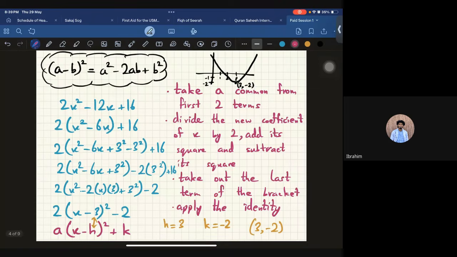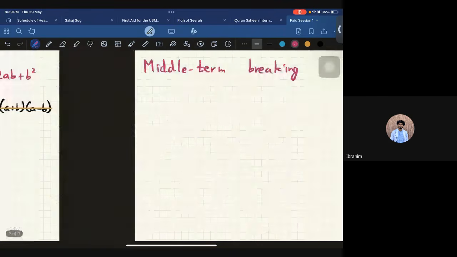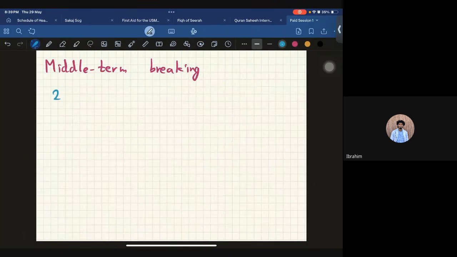So our first equation was 2x square minus 12x plus 16. Achha, now what happens in middle term breaking? In middle term breaking, we try to make two factors out of the equation that we have.